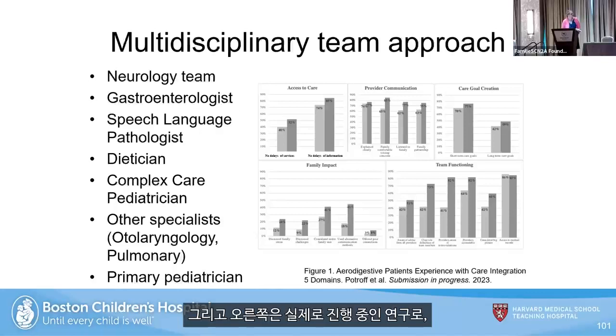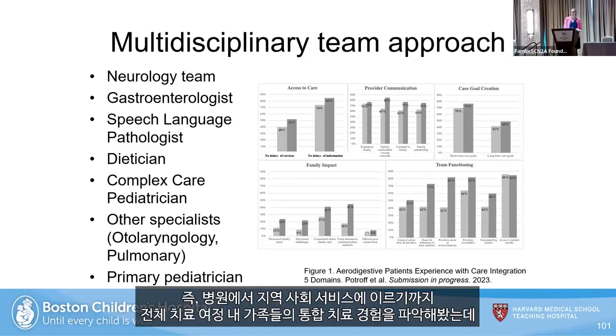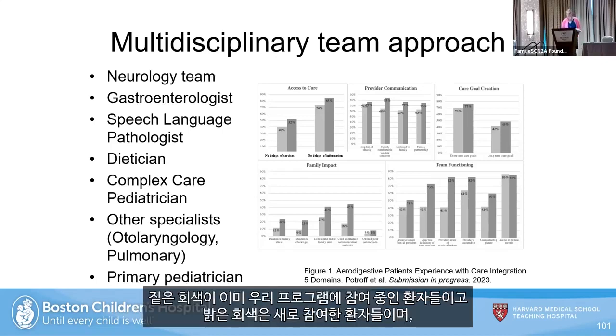And this is just a slide. It's a paper that we actually have in progress, where we were looking at care integration of our experience of patients coming to our aerodigestive center. That means families' experience with care integration across the whole care spectrum, from the clinic, hospital, to the community services. The dark gray is patients who are in our program, and the light gray are those who are just new to our program.